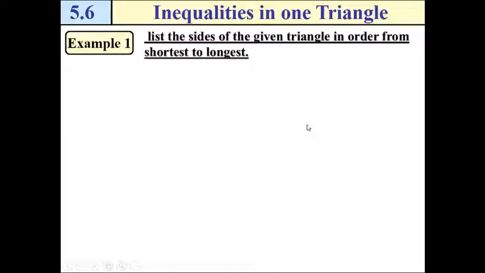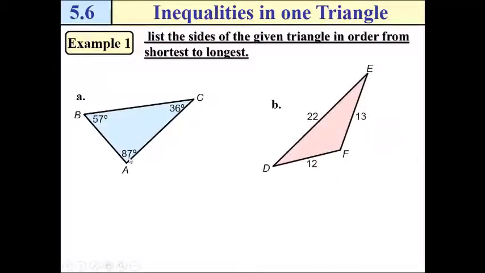Let's solve this question. List the sides of the given triangle in order from shortest to longest. According to the given angles in the triangle ABC, let's put the measures of the angles in order from the smallest to the greatest.